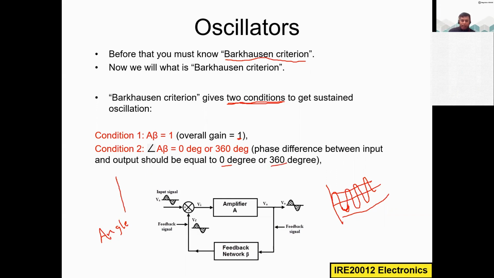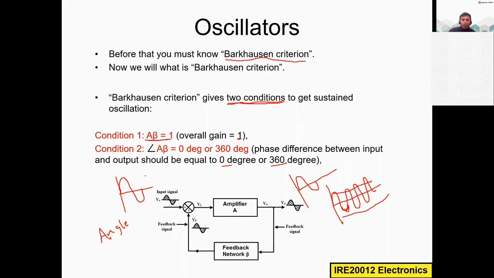For example, I give an input signal like this. At the output, I also want the same phase. First, we want the same amplitude. That one we can achieve by having this loop gain equal to 1.